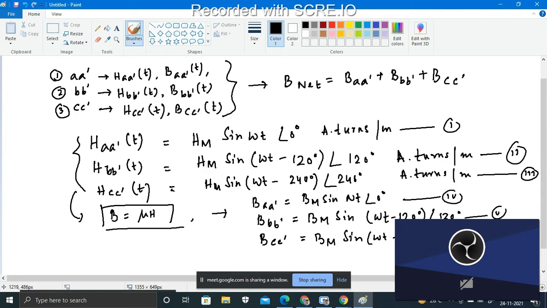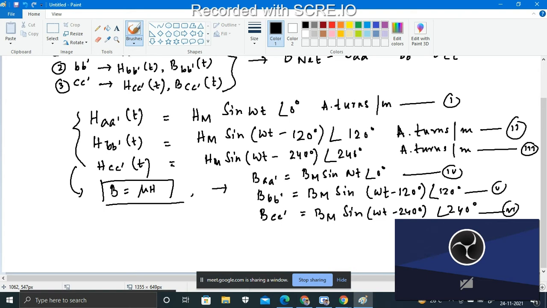So from there, at the time omega t is equal to 0 degree, for that case we are finding the value of B_A' equals 0.